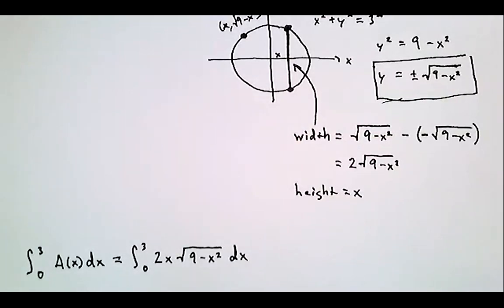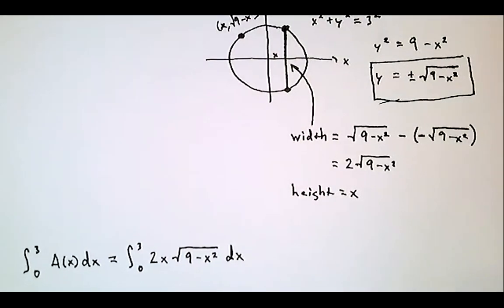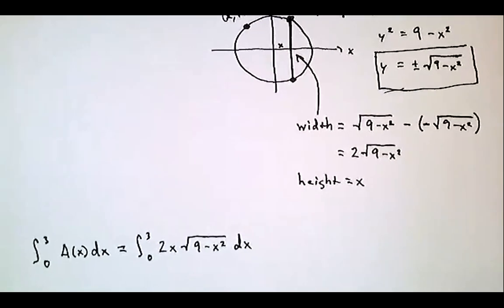Okay, so now we've worked through sort of the geometry of the problem. What remains is a bit of an integral. Does anyone know how to do this particular integral? Yeah, couldn't you make the square root a 1/2, and then the u would be 9 minus x squared.